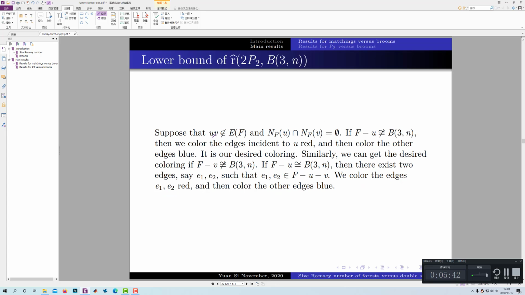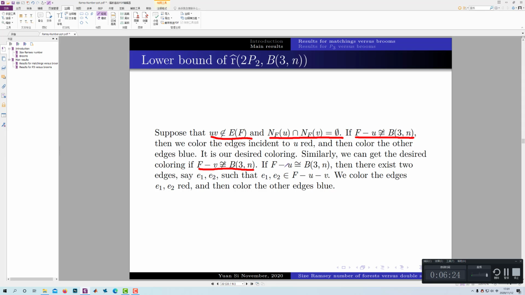Next, we suppose uv is not in E(F), and the neighborhood intersection is an empty set. So we consider F minus u and F minus v. If F minus u is not isomorphic to B_{3,n}, then the desired coloring is found similarly to this case.